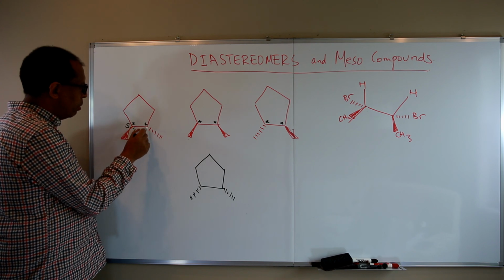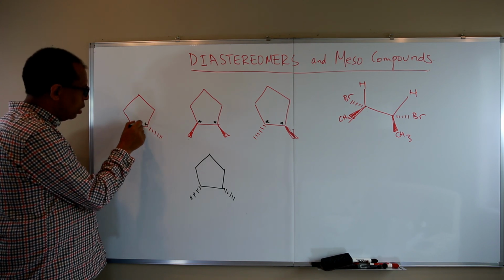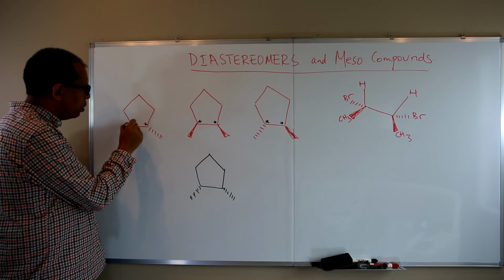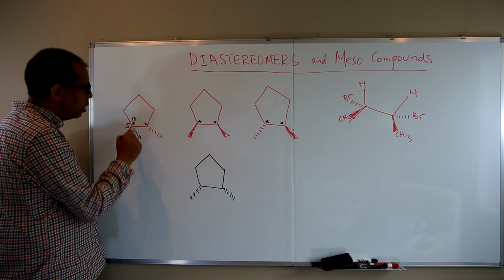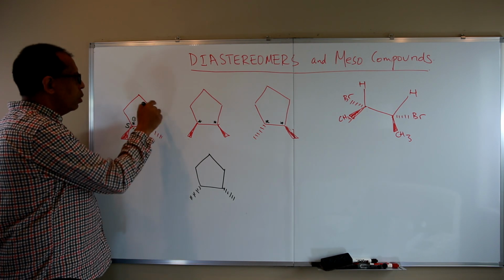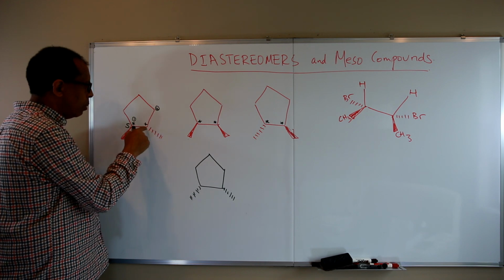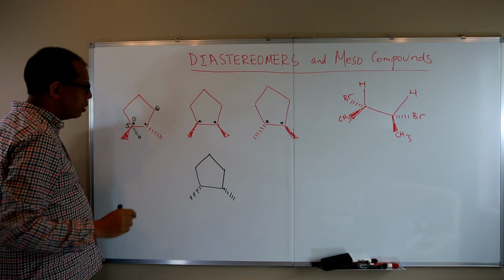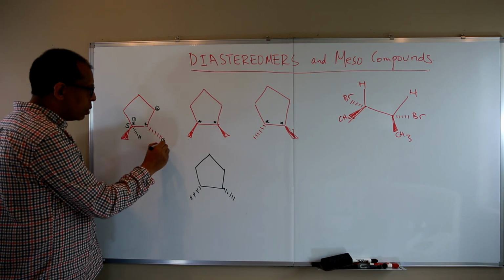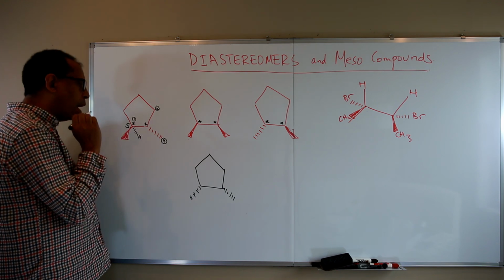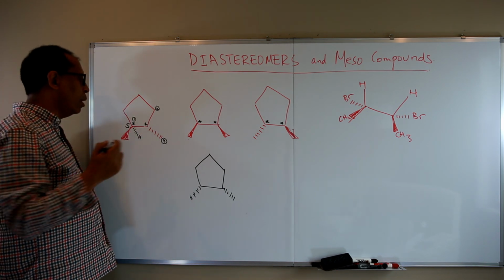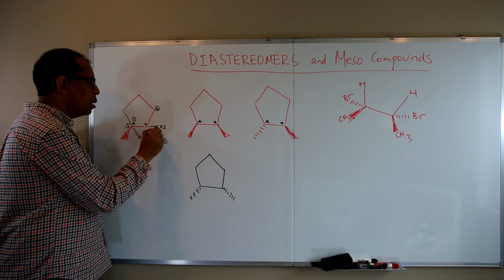Therefore, the first priority would be this whole group, so this is priority 1, and then second would be this, 2. We are considering this carbon, remember, this is 3. Now the hydrogen is out of the plane of the board, so you need to rotate this.